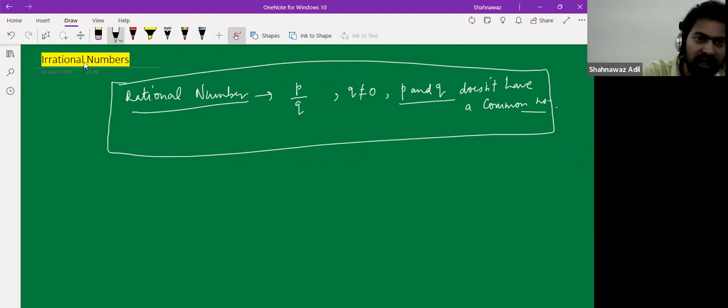Before we do irrational numbers, there is a theorem, so just remember this theorem.